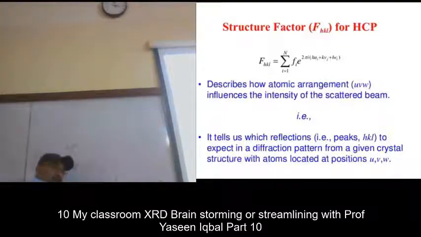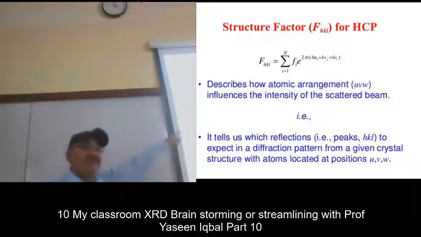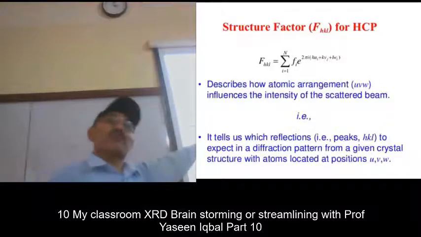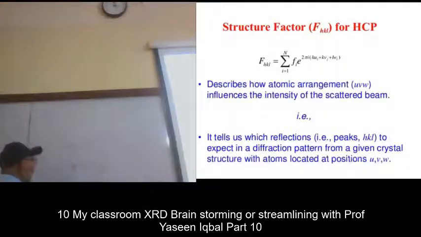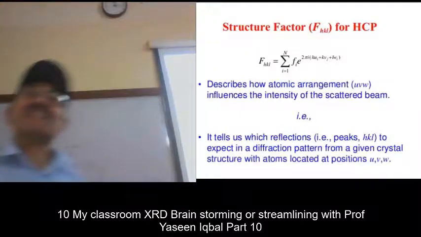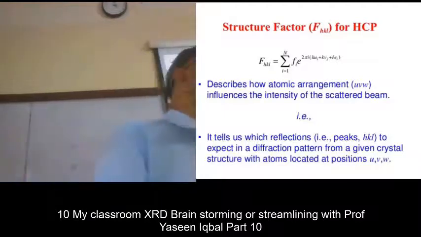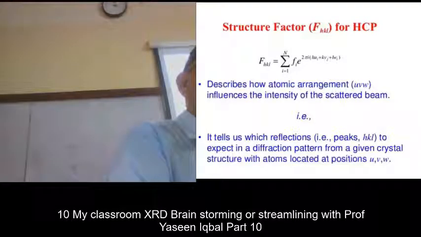Where are the other values? When they are missing, this means that they are giving 0 contribution to the structure factor, and that is why 1 0 0 is not there. These are called the forbidden reflections.